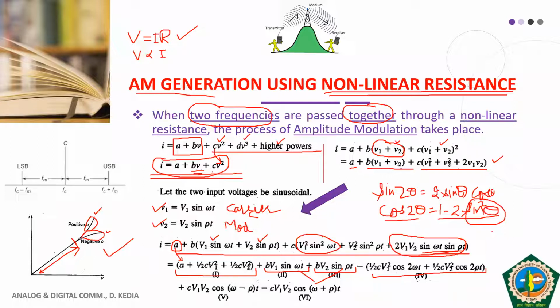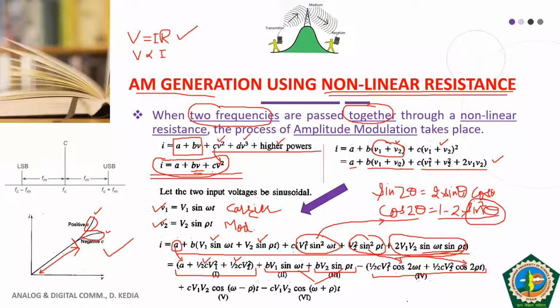That will come out to be 1 minus cos 2 theta upon 2. So this term can be expanded like this in terms of cos 2 omega. Similarly, from this term, you will have cos 2 rho. So this sine square omega t and sine square rho t has given us these two terms: cos 2 omega t and cos 2 rho t. And that 1/2 part has come here as a constant.